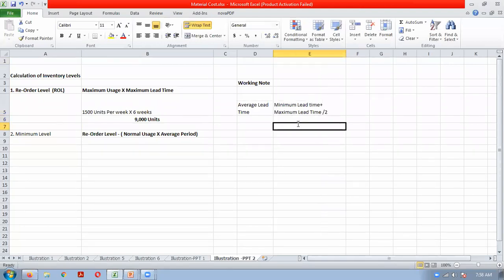So minimum lead time is 4 weeks, maximum lead time is 6 weeks, divided by 2. So it will be 5 weeks.